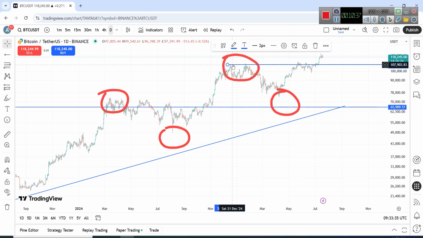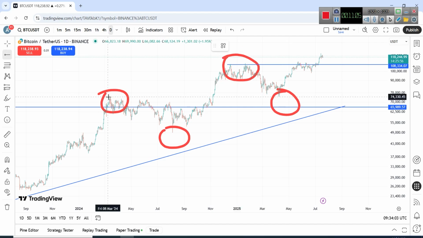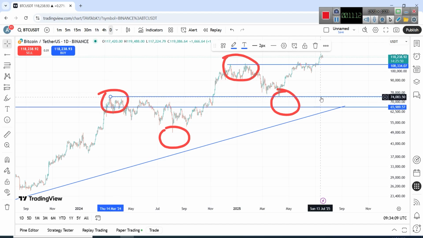You see when the price reaches $108,000, it has a reaction. It pushes the price downward to some price like 75,000. And again, let's see, we have another line that the price has reacted to.